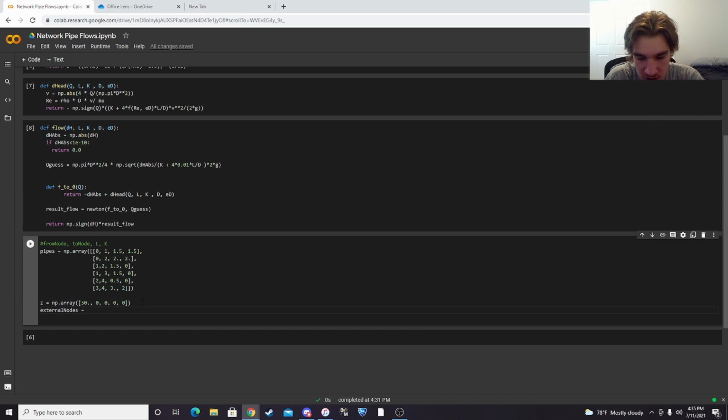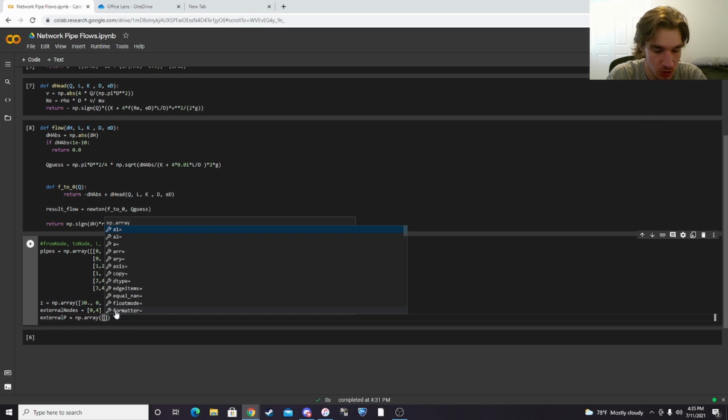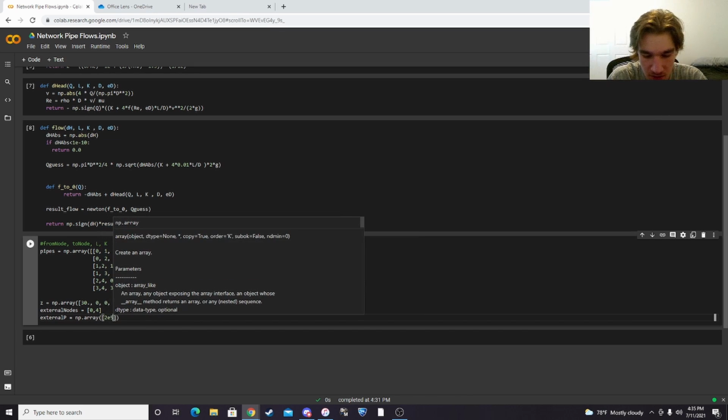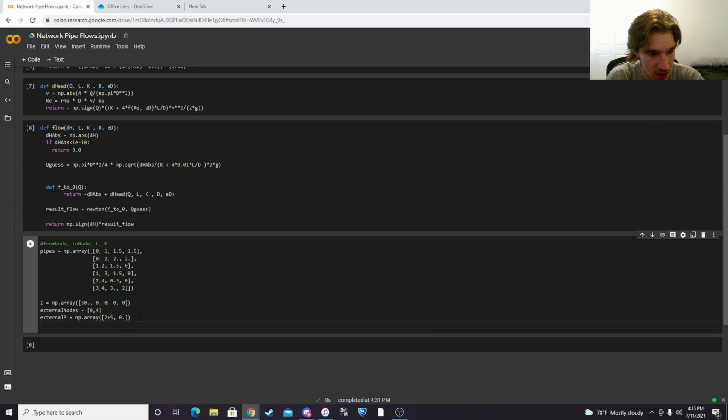Which one are those? It's going to be the index of 0 and 4. Next, we're going to do external pressures, which is going to be equal to 2e to the 5th, and then 0. So the node 0 is 200,000 pascals, and then node 4 is 0, because those are both of our externals.